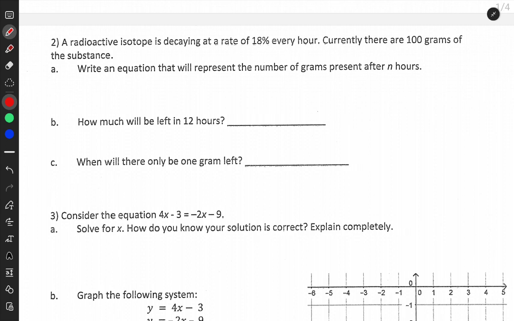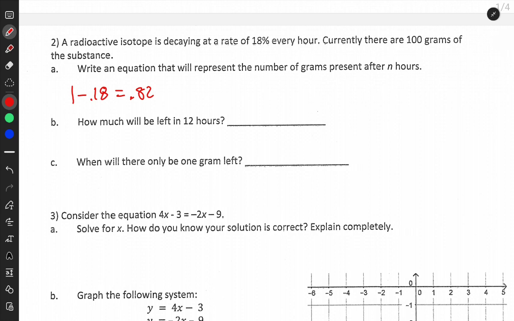But because I'm starting with the 100 grams that I have, the important thing is, what am I getting to keep? So if 18% is going away, what I'm getting to keep is 1 minus 0.18, which is 82%. So my multiplier for an 18% decay is 0.82.